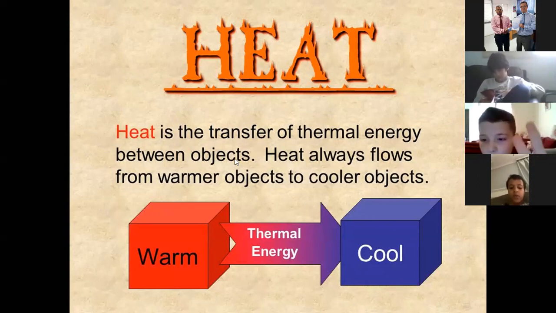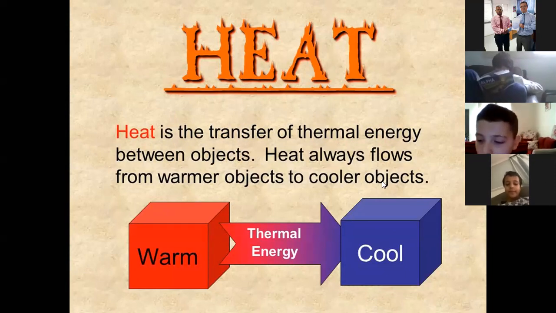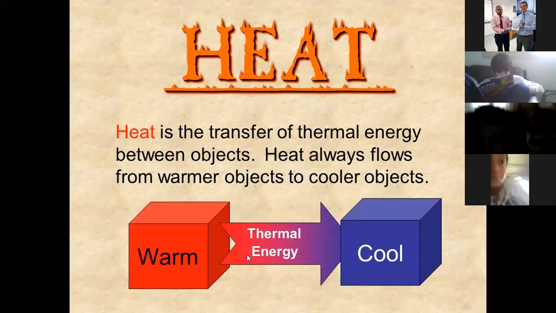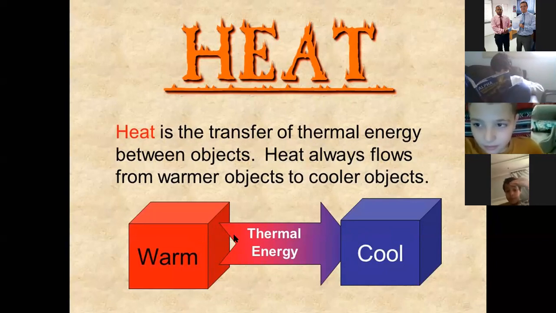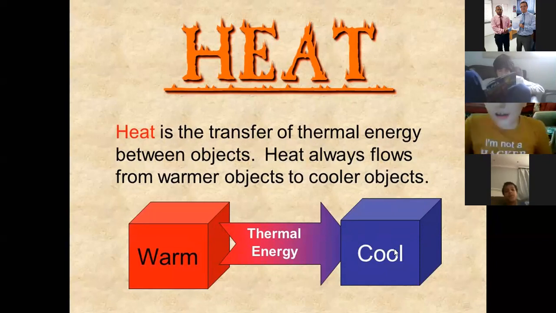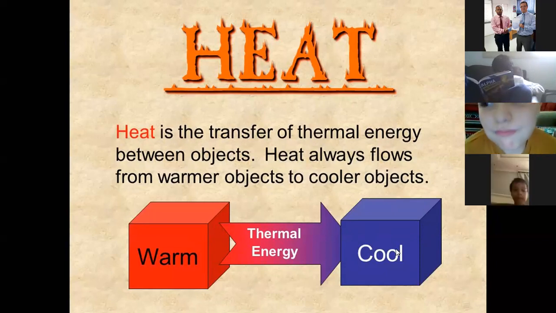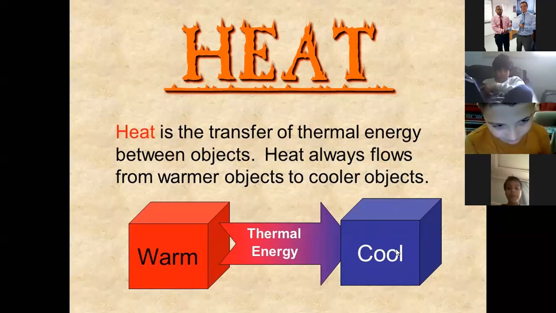Heat always flows from warmer object to cooler object. The red one is the warmer one, and thermal energy will transfer from the red one to the blue one because the red one is very hot and the blue one is very cool.